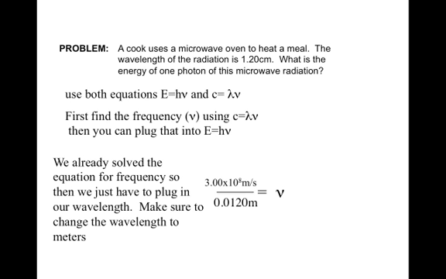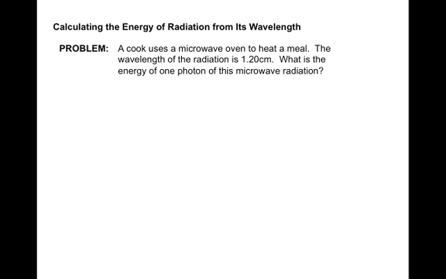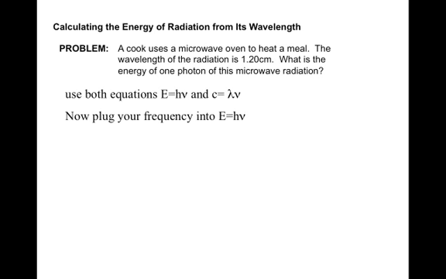And you should have gotten 2.50 times 10 to the 10th per second, seconds to the minus 1, or hertz. So we can take that variable and apply it to the second equation that we learned. Now we want to plug our frequency that we just found into E equals Planck's constant times the frequency.